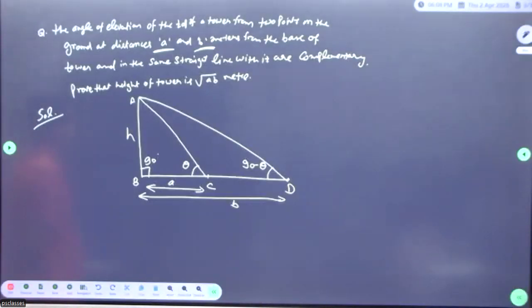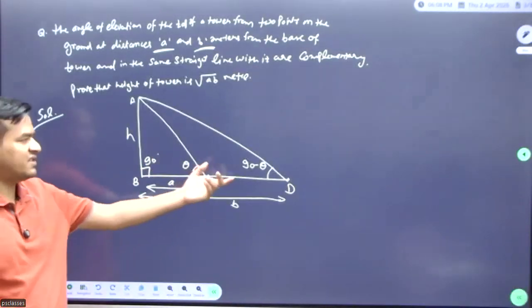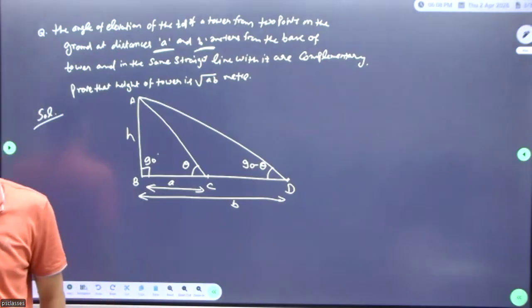You can take this as 90 minus theta, then this becomes theta.